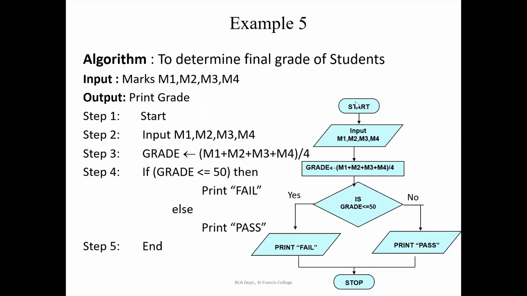There should be only one start and there should be only one end terminal, and the flow should be from top to bottom. Even if the decision box is having yes and no flow lines, it will be redirecting to any of the steps above. At last, it will be coming down through the flow lines. At the end, it will be terminating in the stop terminal.